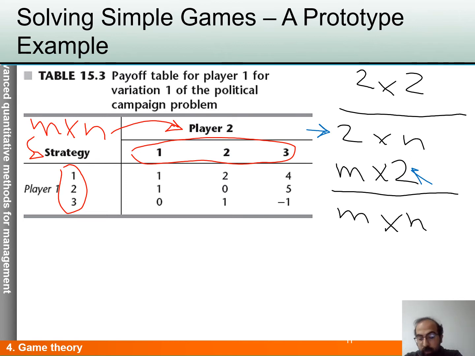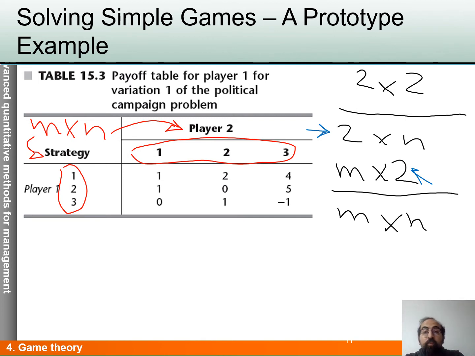Okay, so what happens? There is a solution and there is a technique. We name it dominant strategy, that we see in the next slides. What is the meaning of dominant strategy? A dominant strategy is a strategy that is better than another strategy, which convinces us to delete that worse strategy.